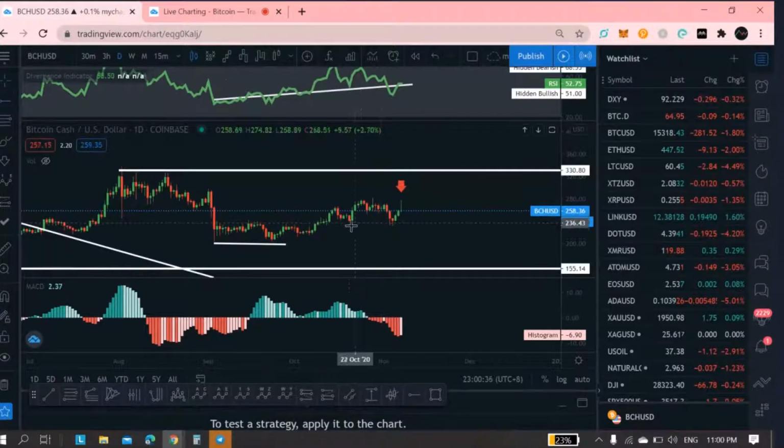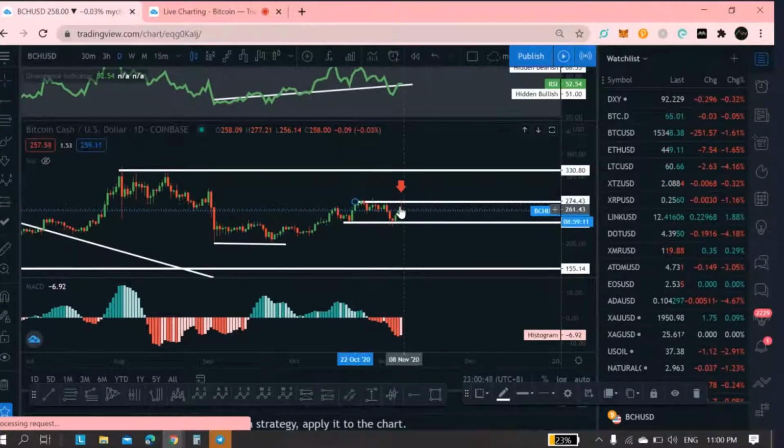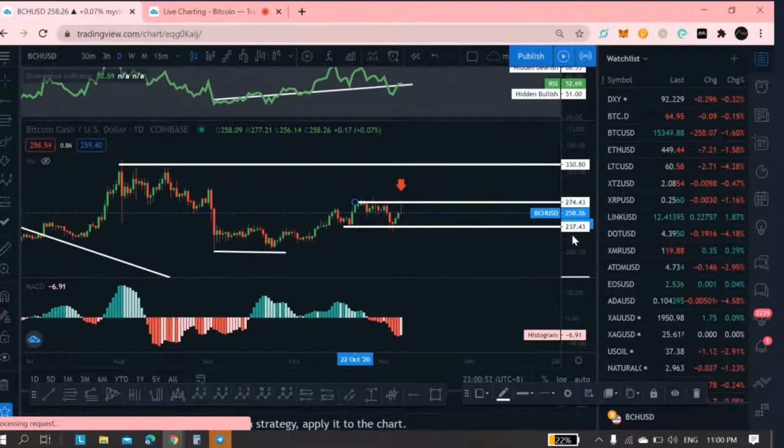So for me, it's a no trade zone at the moment. I will finish this candle, I mean today's candle, which will close tomorrow morning.